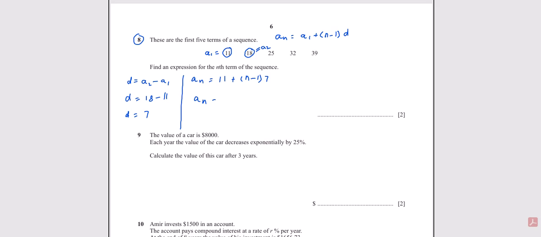So an is equal to 11 plus 7n minus 7, that is equal to 7n plus 4. So the final answer is 7n plus 4.